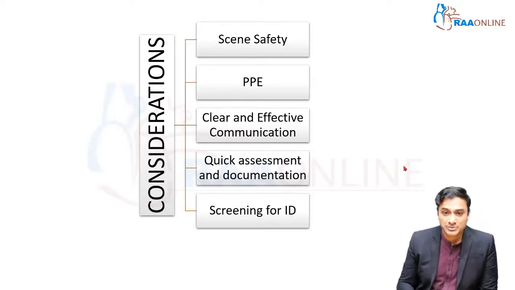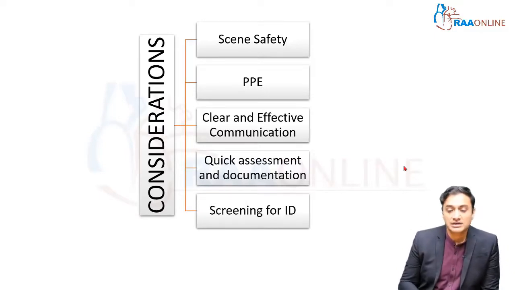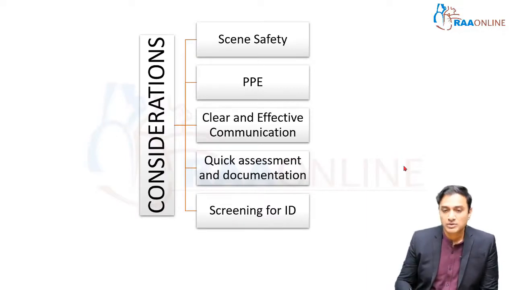Next, clear and effective communication. The triaging point will be the first point of contact between a patient and a healthcare provider. So the presenting complaints, or whatever problem is being described by the patient, have to be clearly recorded. What is going to be done, and the plan for what the patient will have in the hospital, has to be clearly communicated to the patient.